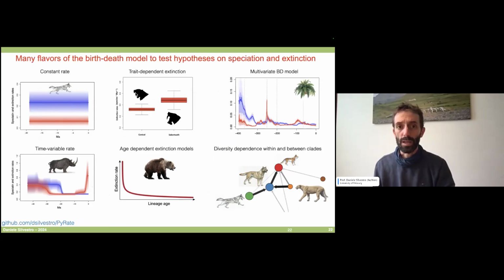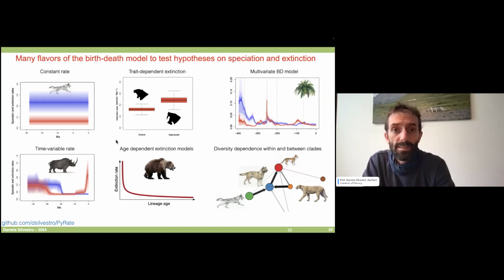We can make rates be a function of a discrete trait. So, for example, extinction rates can be modulated by the presence or absence of a particular trait. We have models where we can try to introduce multiple variables as predictors using a multiple linear regression model, as the one that I mentioned earlier, and a number of other things.